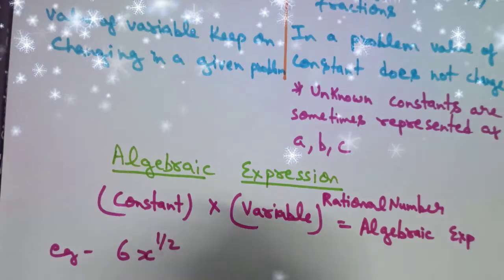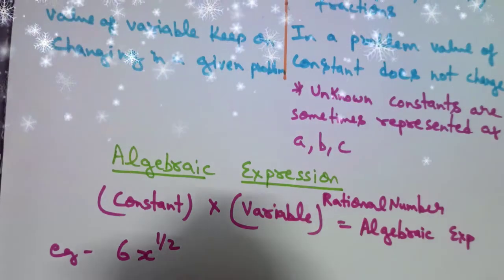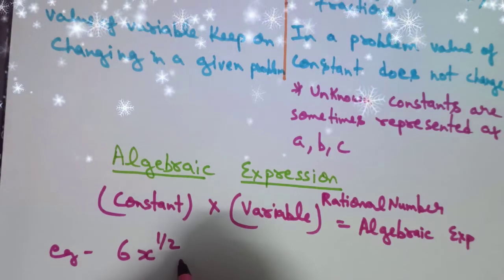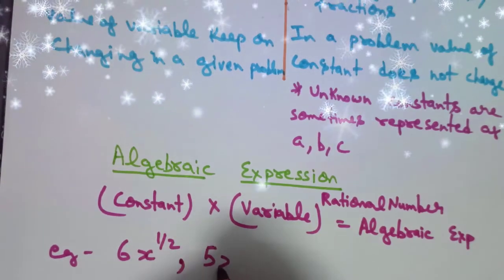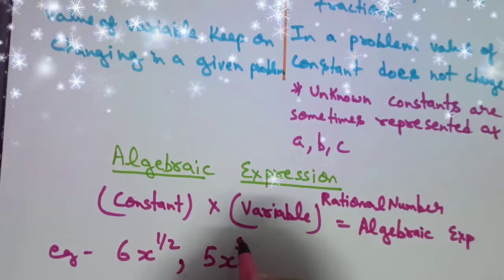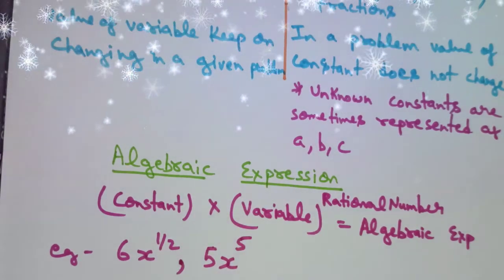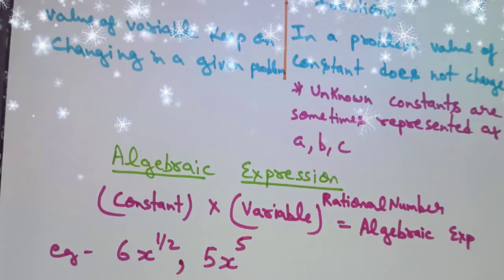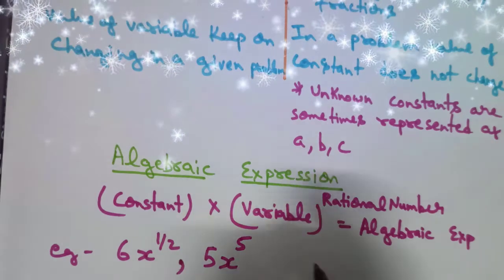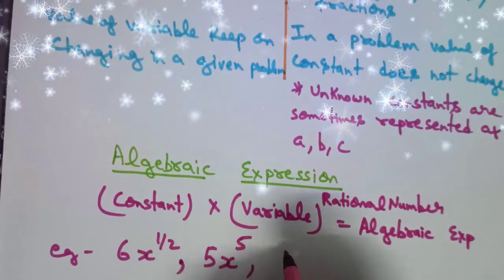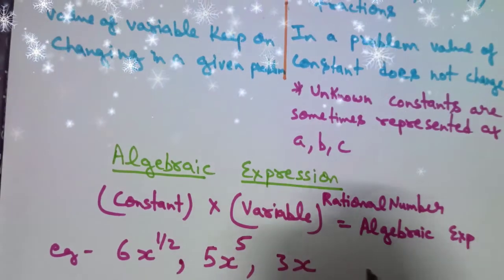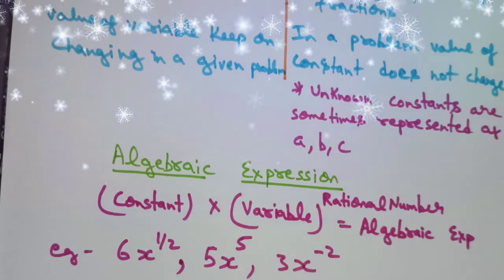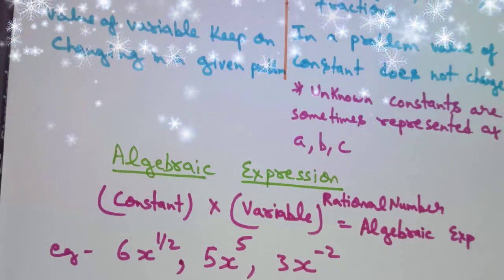So this is one example of an algebraic expression. The second example is 5x raised to the power plus 5. These are a few examples of algebraic expressions. One more example, like 3x raised to the power minus 2. This is also an algebraic expression.